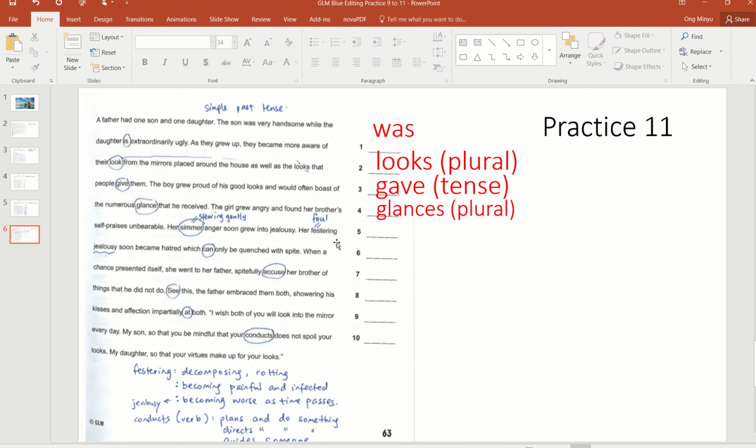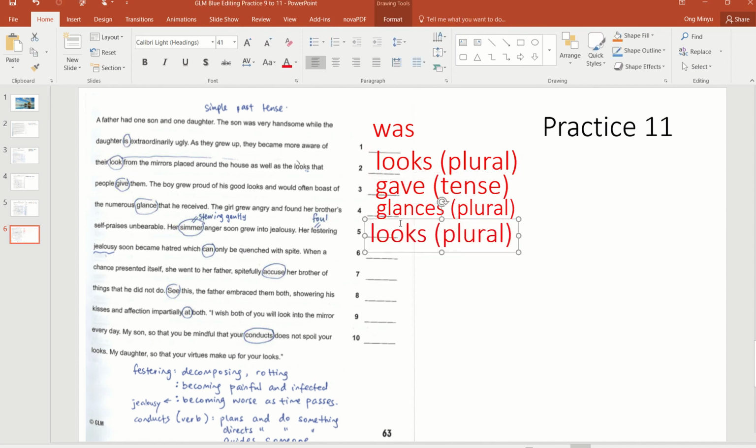So, if you look at it in the parallel structure, it should be simmering. Okay, and this simmering is an adjective form.